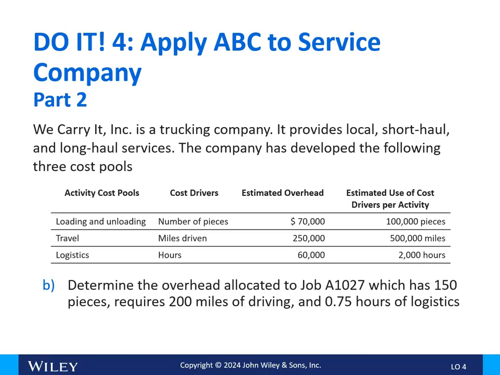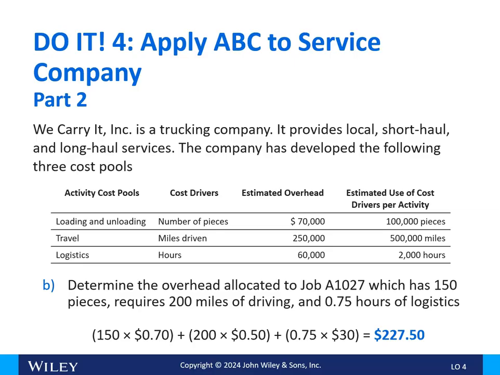Now we'll apply those rates to job A1027. It has 150 pieces, requires 200 miles of driving, and 0.75 hours of logistics. So if we take the rates we just calculated on the previous slide, using these cost drivers, we get $227.50 of overhead to be allocated.